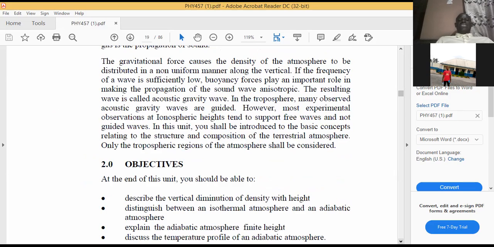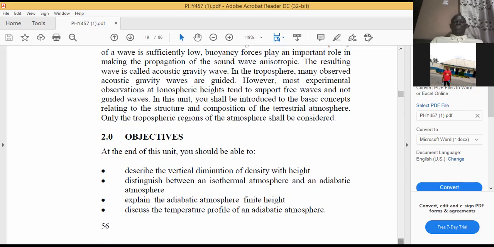And you should distinguish between an isothermal atmosphere and an adiabatic atmosphere. In fact, assignment: someone should type it on that group. It's a group discussion. We said that isothermal atmosphere is not realistic, that it can only happen at a height of about 300 kilometers. What about adiabatic atmosphere?